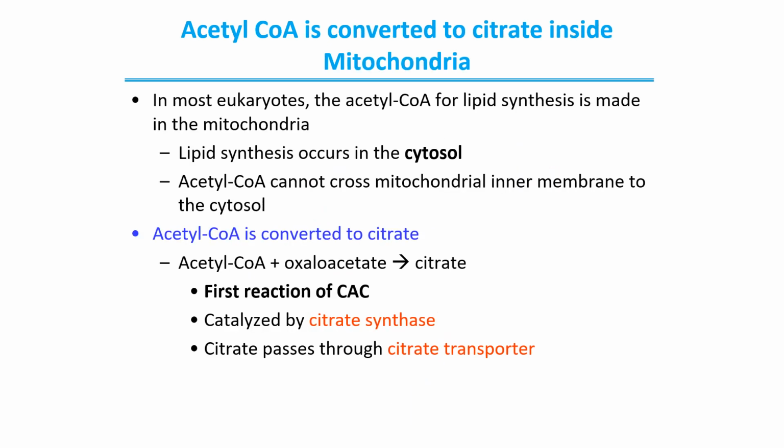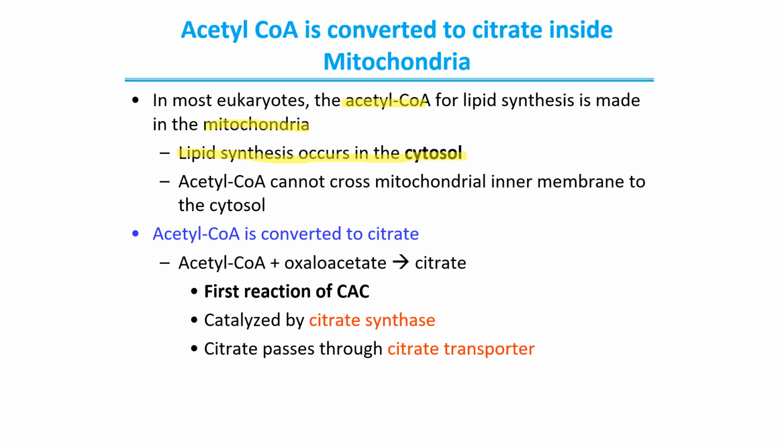So as I said in the previous slide, we need the acetyl-CoA molecule to start the citric acid cycle, and most of this acetyl-CoA is produced in the mitochondria. So it's present in the mitochondria, but fatty acid synthesis must happen in the cytoplasm. Therefore, we will have to transport this acetyl-CoA from the mitochondria into the cytoplasm.